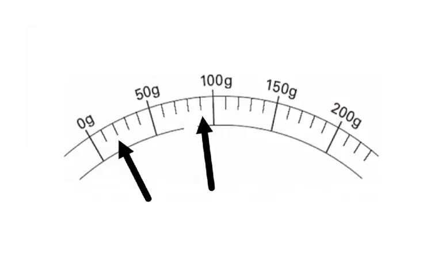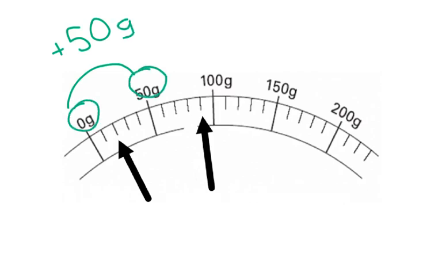So let's look at this one. Here I can see that it's going up in 50s because I'm starting with 0 and the next number I see is 50. So I'm going to count the lines in between. 1, 2, 3, 4. Now, I'm going to use my number knowledge again. I'm starting at 0 and I'm getting to 50.